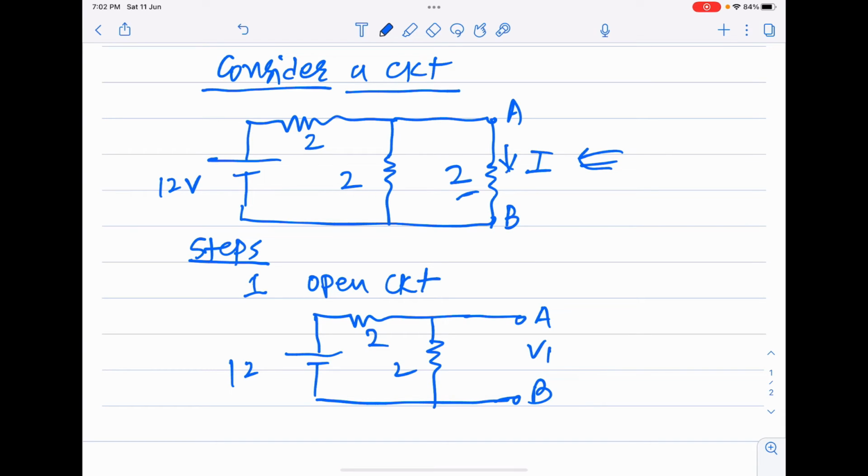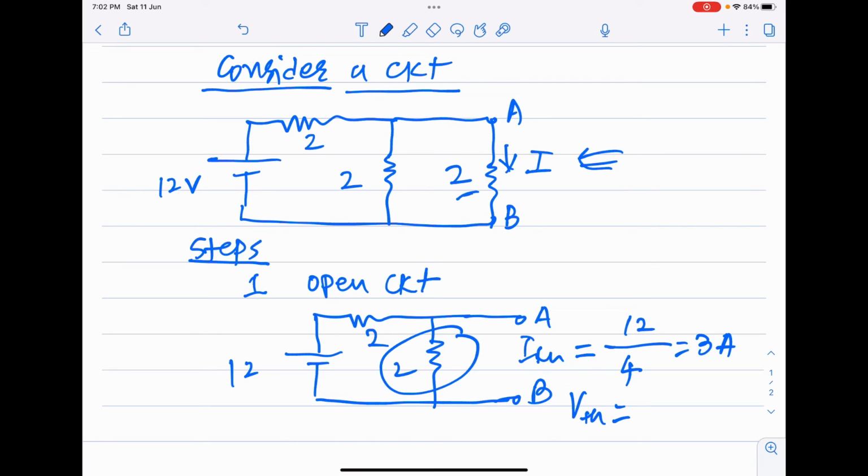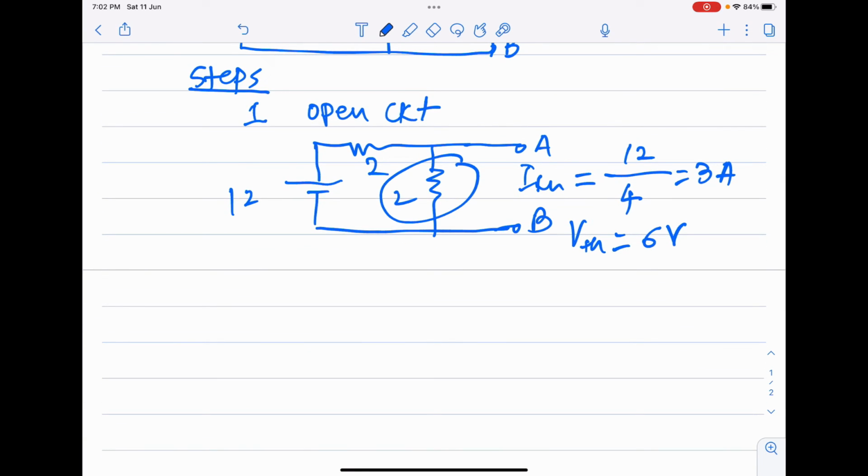Now here I will get the value of VTH, which is the Thevenin voltage between the points A and B. First of all, I will get the value of current. So 12 divided by 2 plus 2, that is 4. Therefore, I will get the value of current as 3 ampere. And now my VTH will be the voltage across this 2 ohm resistance. So this is nothing but 6 volt. So my voltage source VTH becomes 6 volt. So this is the first step.